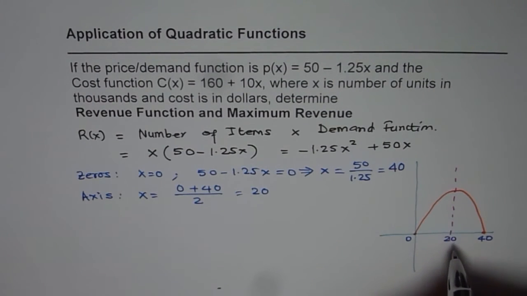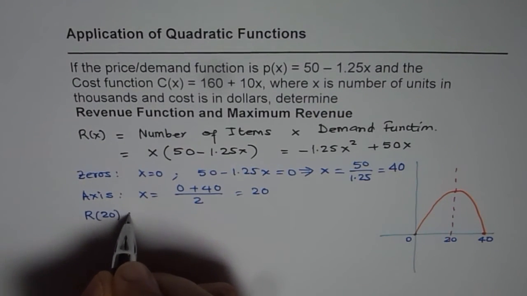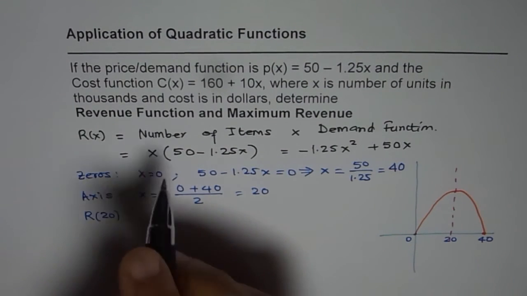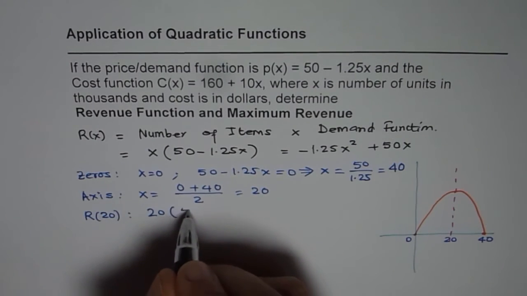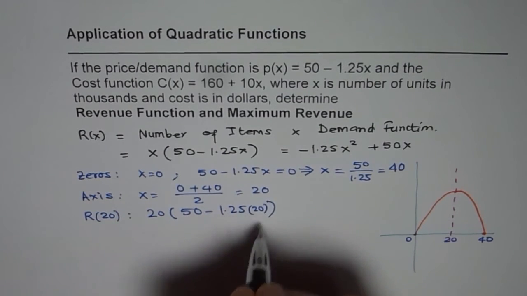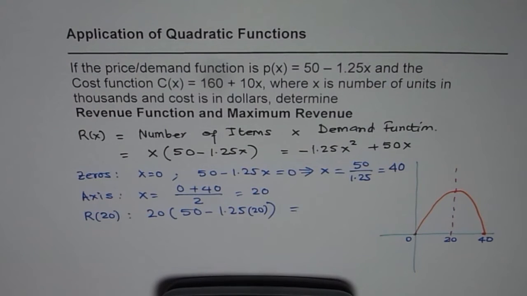And how much will the value be? Revenue will be r of 20, correct? So the revenue of 20 we can find by substituting 20 in the revenue function. So it gives us 20 times 50 minus 1.25 times 20, bracket close, right? Let's calculate this. So it is 20 within brackets 50 minus 1.25 times 20, bracket close, equals 500.